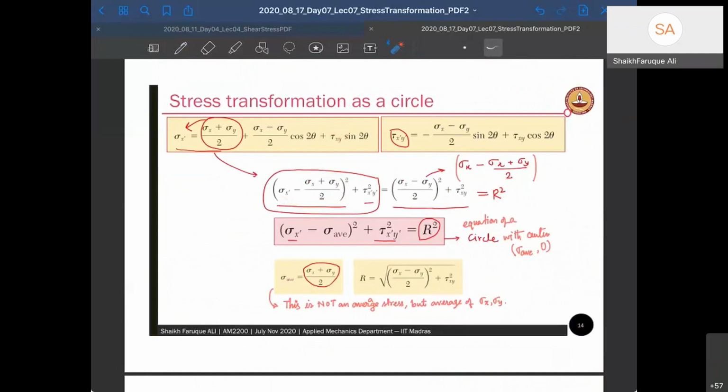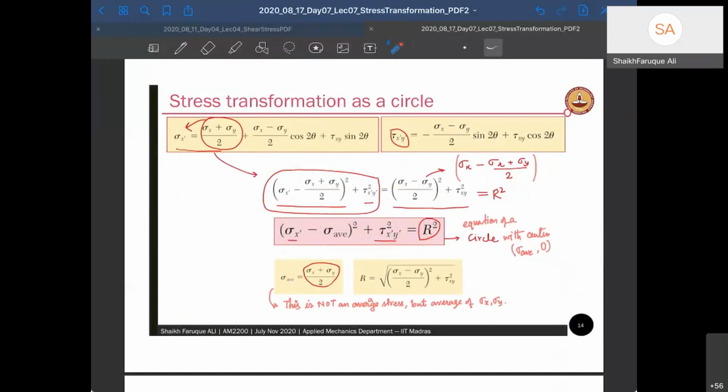We call it radius because, representing this as a variable, x square plus y square equals r square, which is the equation of a circle. So sigma x dash minus sigma average whole square plus tau x dash y dash square becomes r square. And that should again equal sigma x minus sigma average whole square plus tau xy whole square, equal to r square. So that's another constant that you get, and this is the constant for a circle.